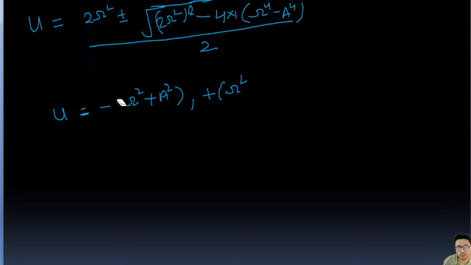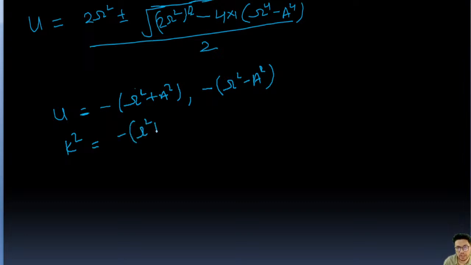So this is going to be minus omega square plus a square, and the second value is going to be minus omega square minus a square. Okay, and u is k square, so the k square value is going to be minus omega square plus a square, comma, minus omega square minus a square.